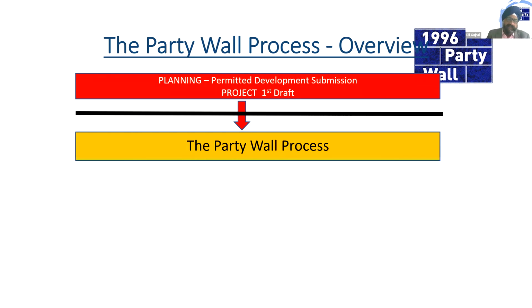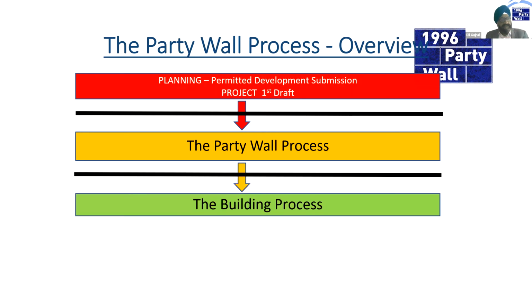The reason being, if you put the application in, the notifiable owners are going to end up getting letters mail shot in from other party wall surveyors, which can cause worry for the adjoining owners. It's better to inform them beforehand, which increases the odds of getting a positive response to your notice.